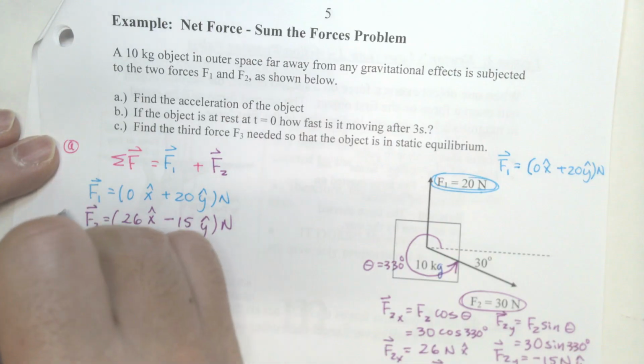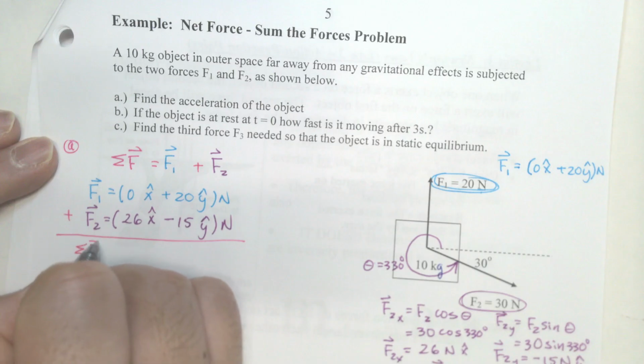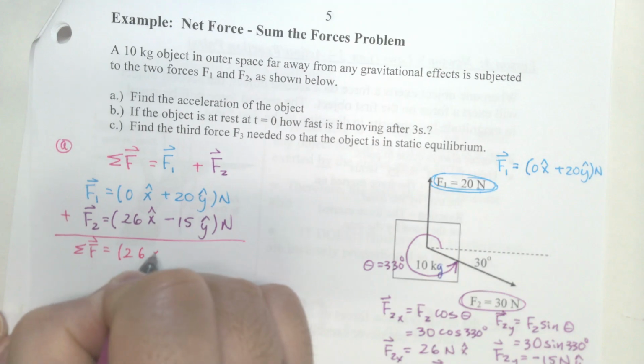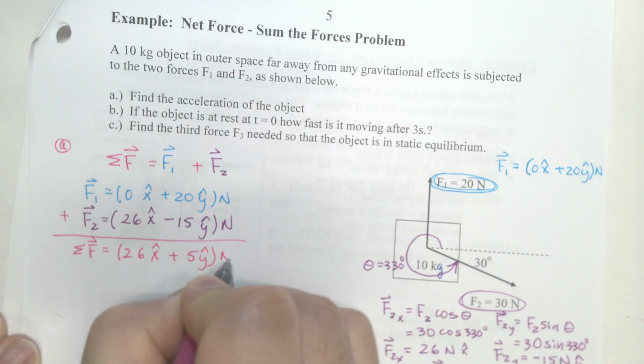If I add them up, I get my net force, which comes out to 26 x hat plus 5 y hat newtons.